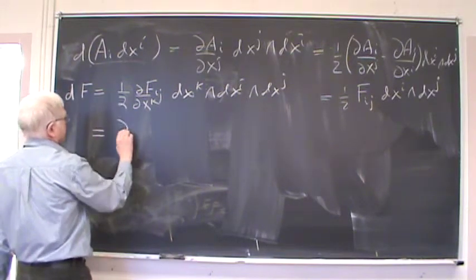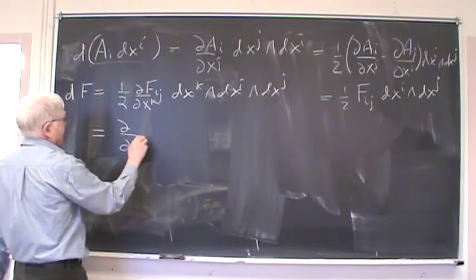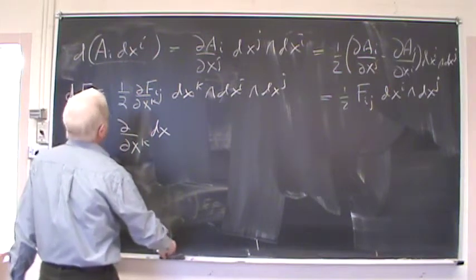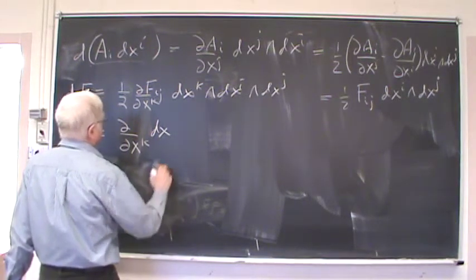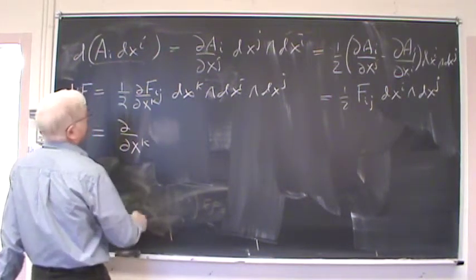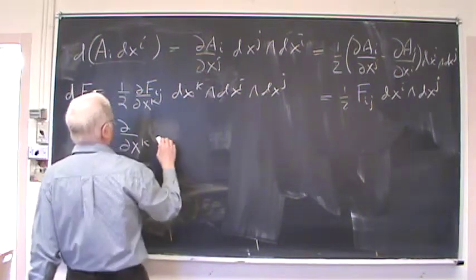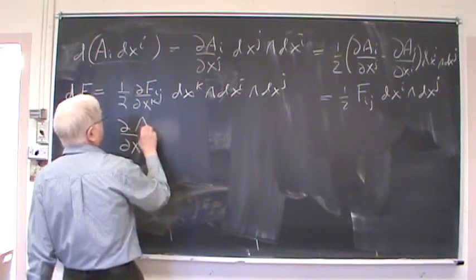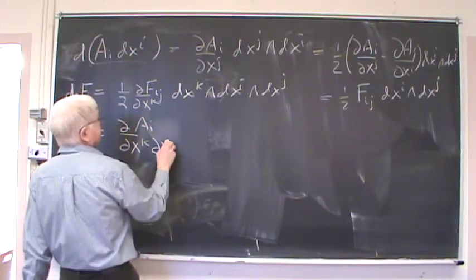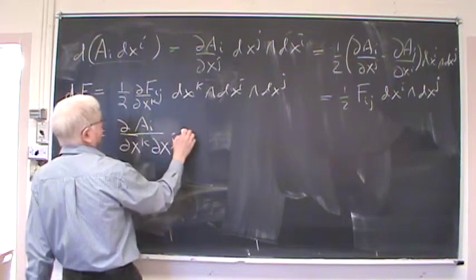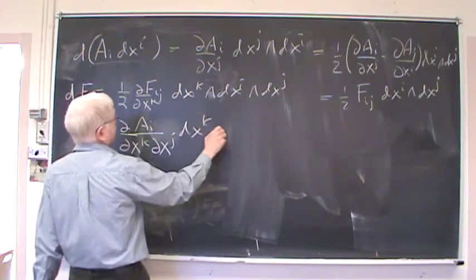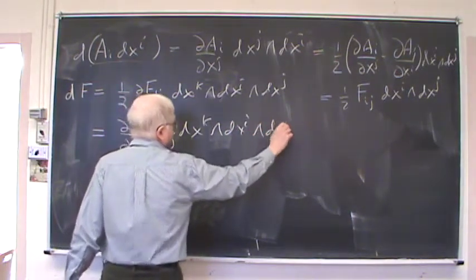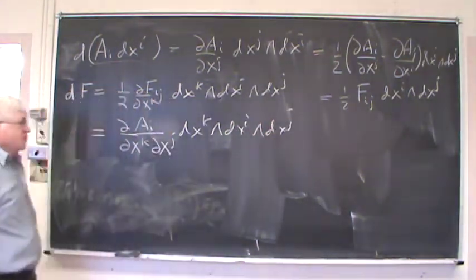This is actually d by dx^k of partial A_i / partial x^j dx^k wedge dx^i wedge dx^j. Okay, so that's what it is.